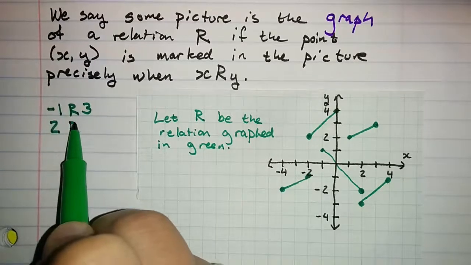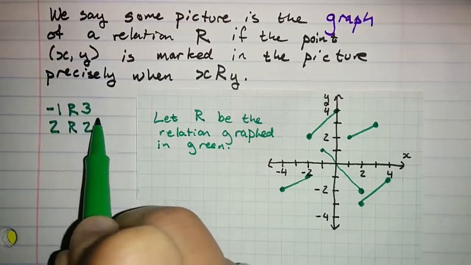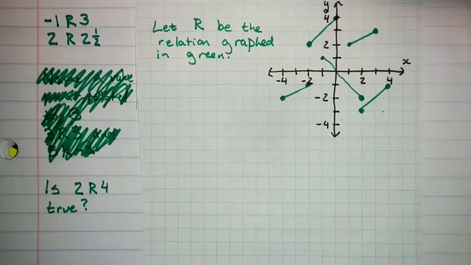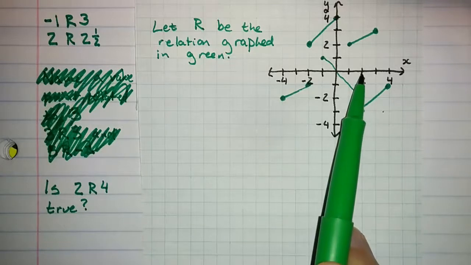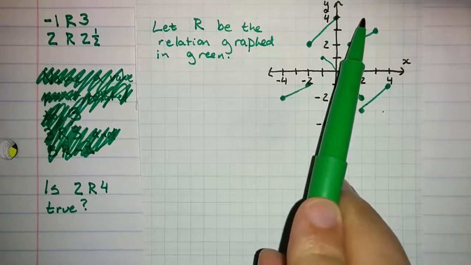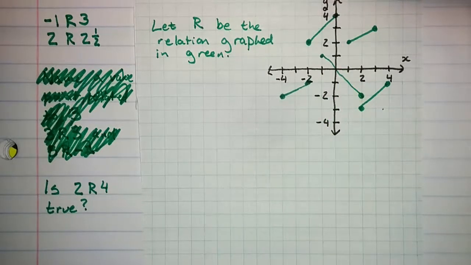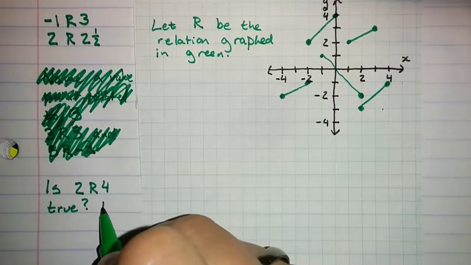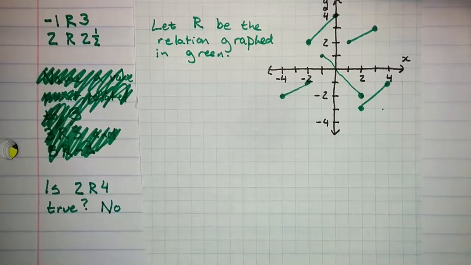So 2 is related to 2.5. Suppose I asked you, is 2 related to 4? You would look at the graph, find the point 2, 4, notice it is not marked, and say, no, 2 is not related to 4.